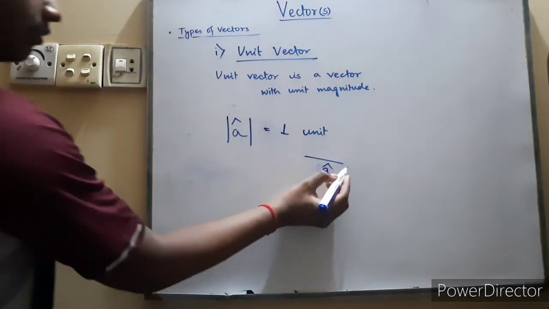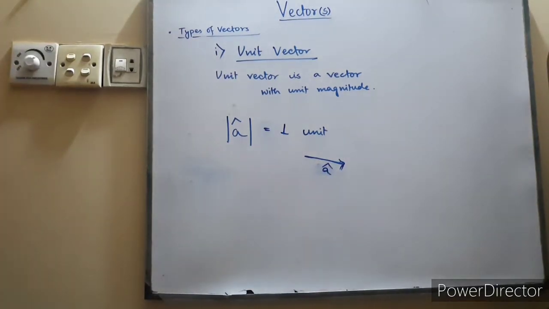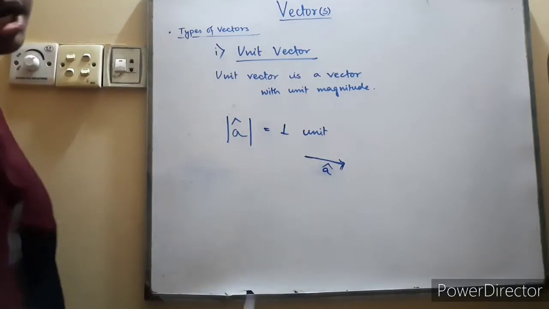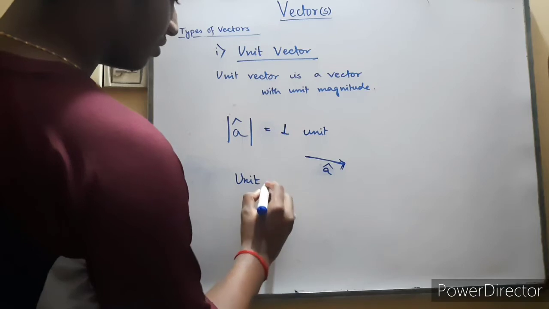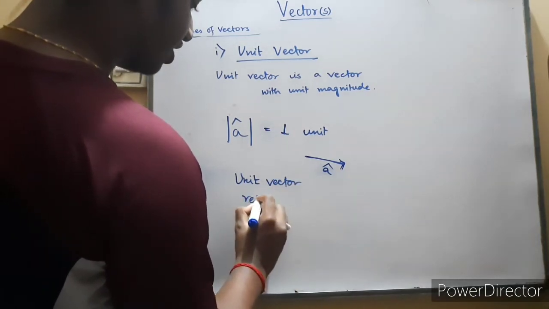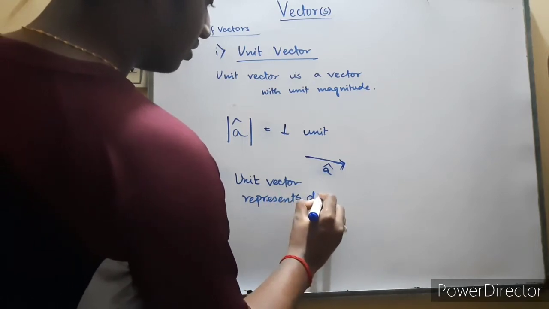This is A cap, which has unit magnitude. So it is a unit vector, and unit vectors are represented with a cap, not bars. A unit vector represents direction.